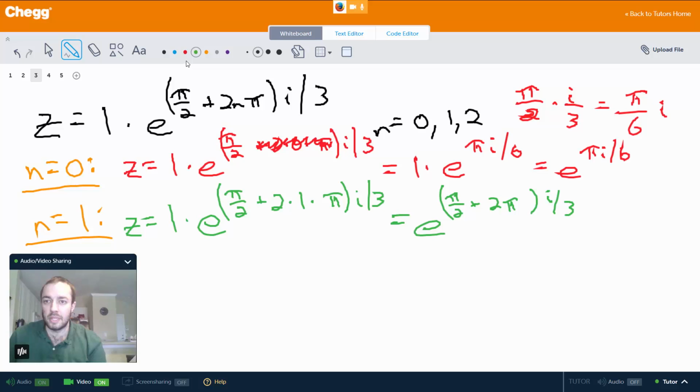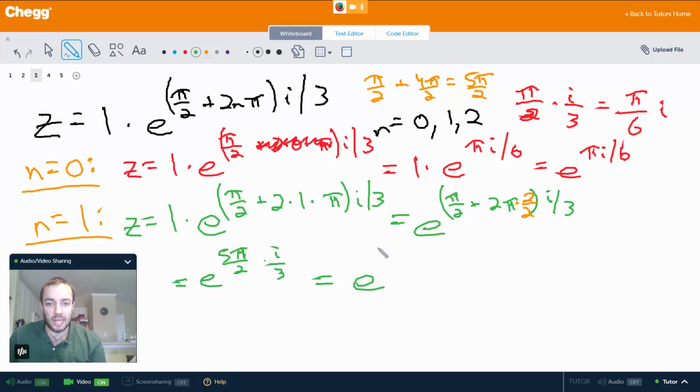Now we want to get a common denominator in there, so let's multiply this by 2 over 2. So we have pi over 2 plus 2 pi times 2 over 2. So that's going to give us pi over 2 plus 4 pi over 2, which is 5 pi over 2. So we have e to the 5 pi over 2 multiplied by i over 3. So then what we end up with is e to the 5 pi i over 6.